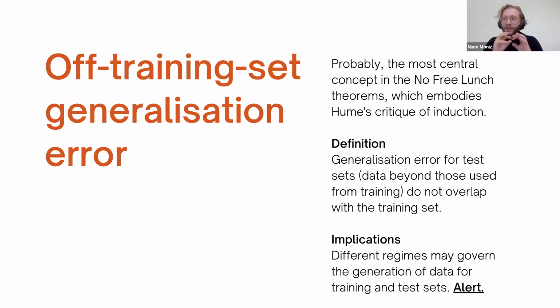Basically, its definition is the generalization error for test sets that do not overlap with the training set. So it's basically test sets which you don't know, and you have no possible way of knowing if they correspond to the dynamics or regimes that you have seen in the training set, okay?